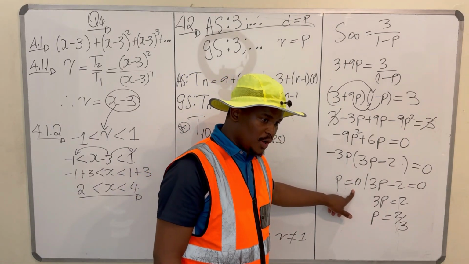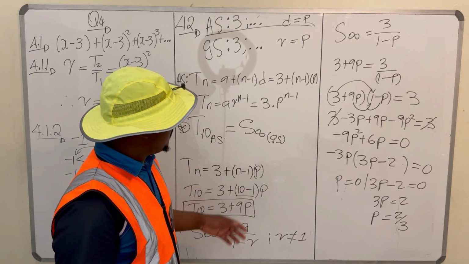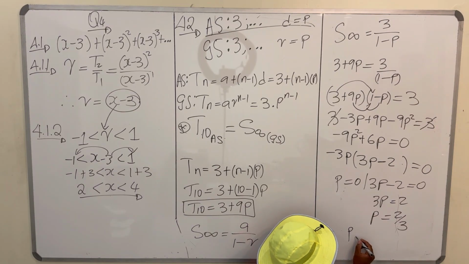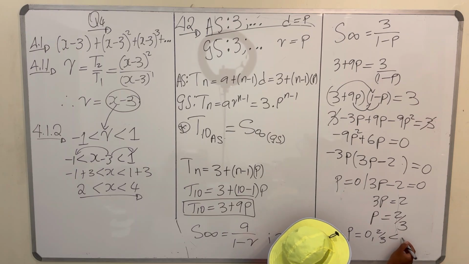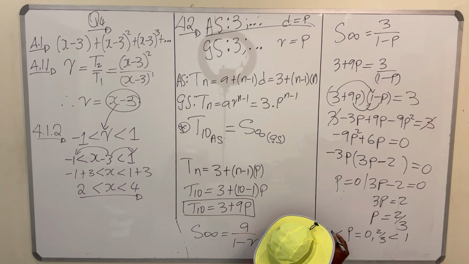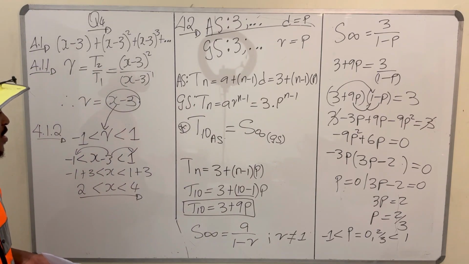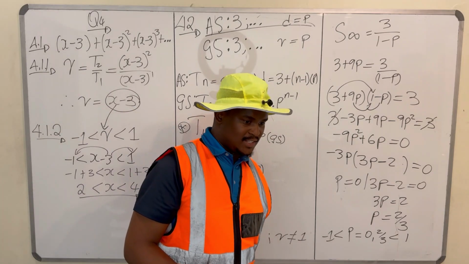So both of our P's, which are 0 and 2 over 3, are less than 1 and greater than minus 1. Are you happy? Yes. So now we have to decide which value of P we select.